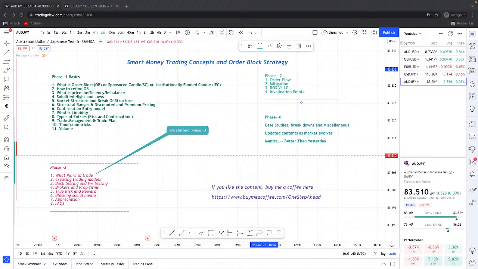All right, so here's the thing. What we're going to do today is start phase three. The first topic is what pairs to trade, and then I'm going to walk you through the trade I took on Friday, exactly the same stuff I covered in phase one and phase two so far.